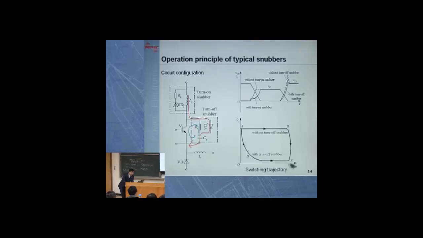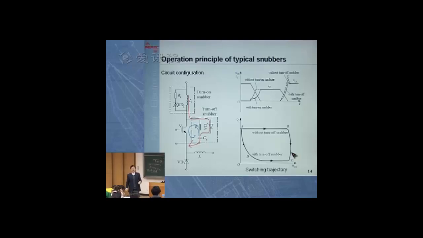So the energy loss along this curve is much less than the energy loss along this curve. So this snubber also helps to achieve lower energy loss during the turning on and turning off process. There is also a lot of discussion in the lecture notes and the textbook, so you can read through that after class.